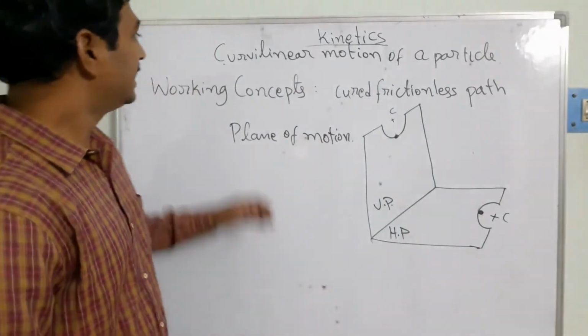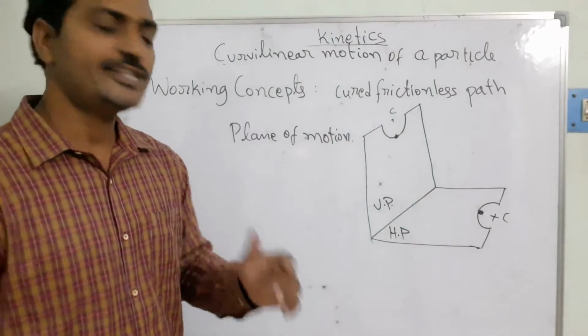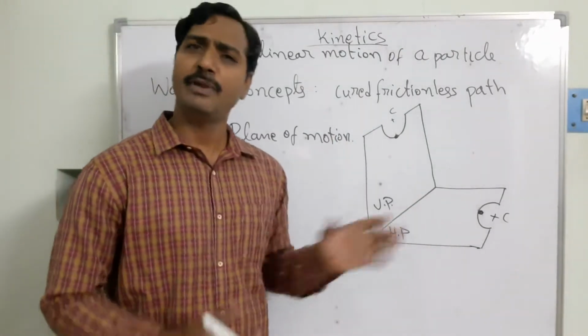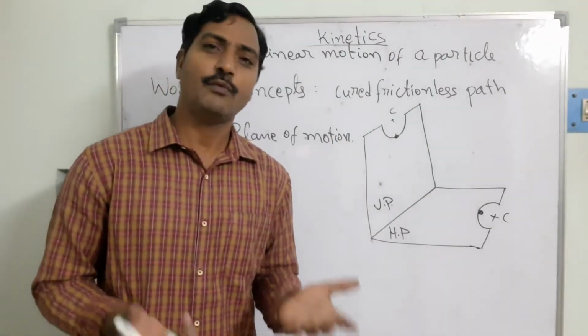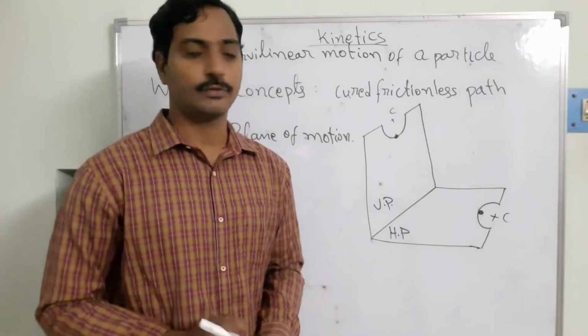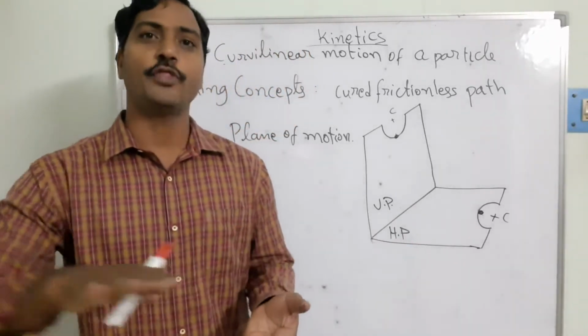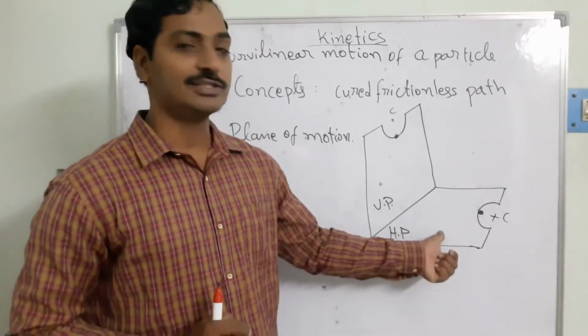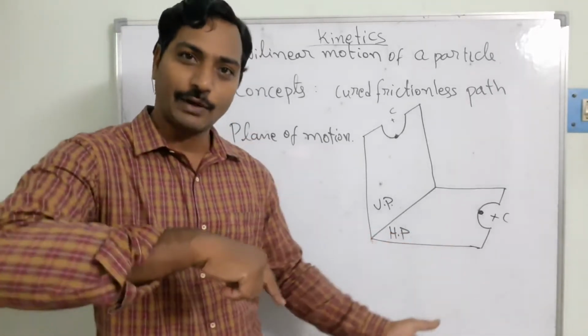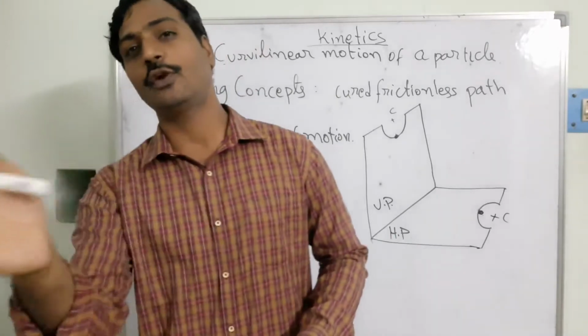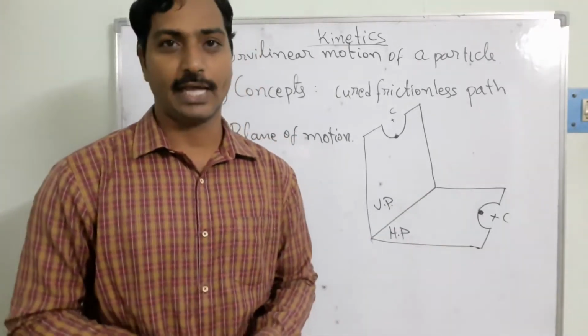There we can see that the curved path may exist in the vertical plane or maybe in the horizontal plane. We have seen a real example also. When we are moving on a horizontal plane, suppose we are moving on the road, these concepts are going to be helpful when we are taking the curvature either in the leftward direction or the rightward direction.